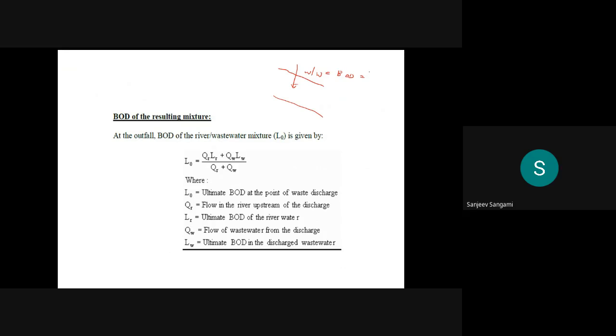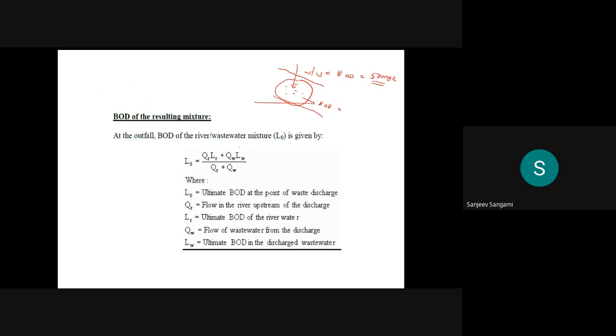Assume that it is 500 milligram per liter. Suppose initially it is 500 milligram per liter. When it comes and mixes with this water portion, how much will the BOD be at this point?